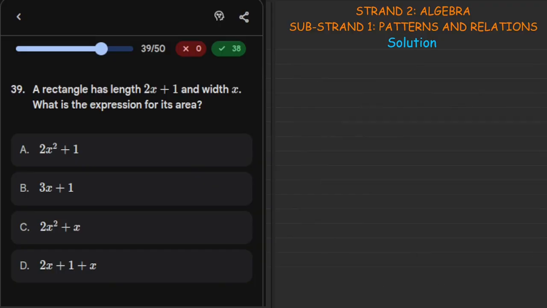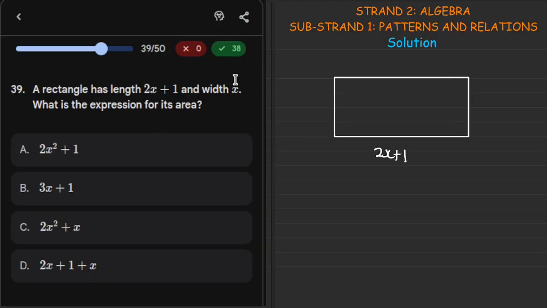Question number 39. It says a rectangle has a length. So since they are talking of a rectangle, we can form our own rectangle here. And then we are being told that it has a length of 2x plus 1. So we have 2x plus 1 here, and then a width of x.